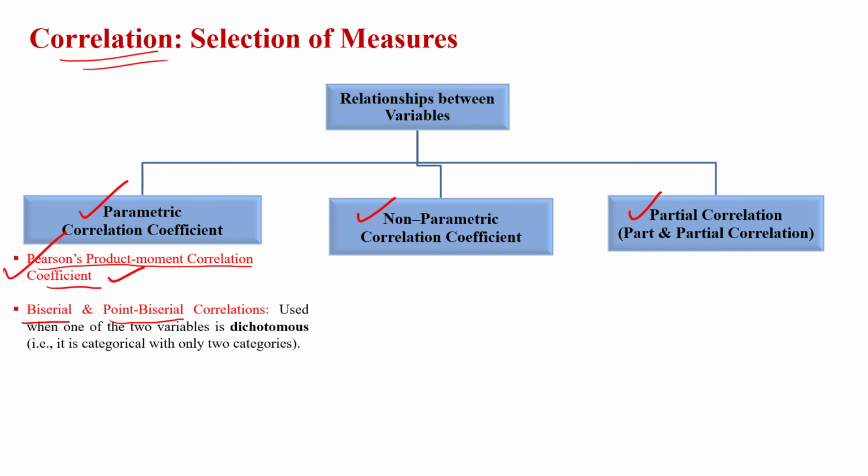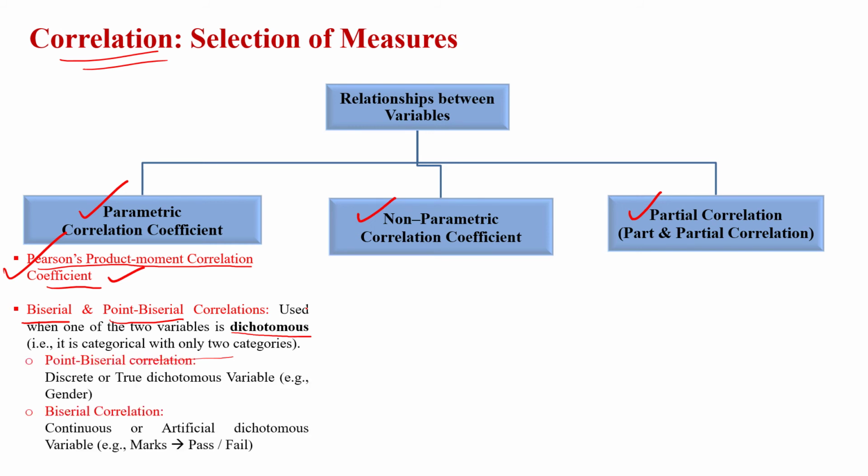But the other variable, because we are going to apply biserial or point biserial, must have two categories. That's why that particular variable is called a dichotomous variable. So now the question is, under what circumstances can we apply point biserial correlation, or under what condition can we apply biserial correlation coefficient.